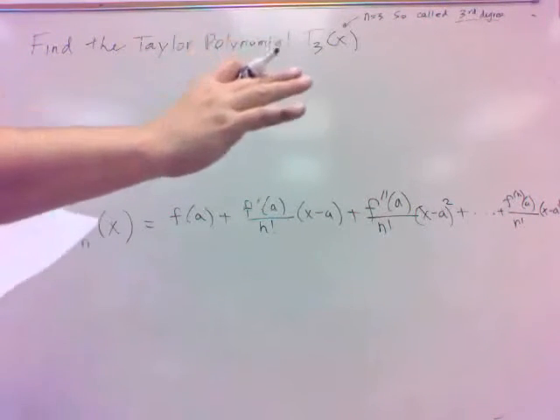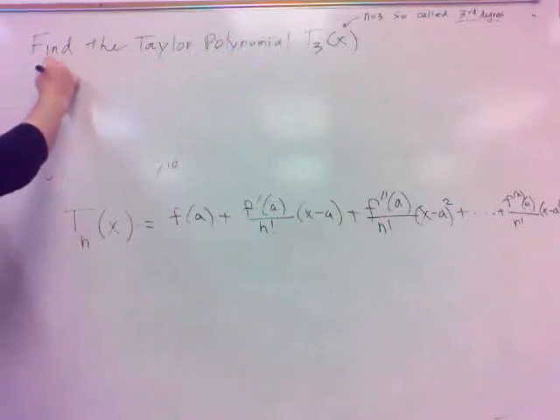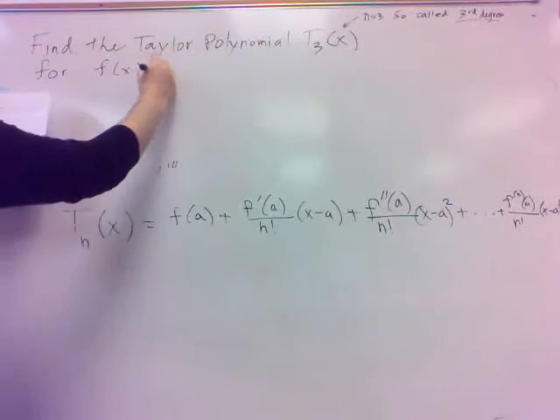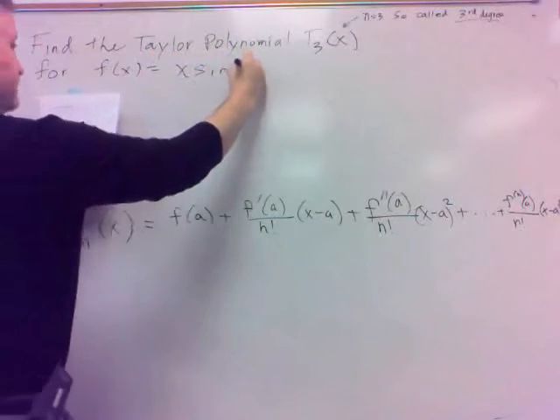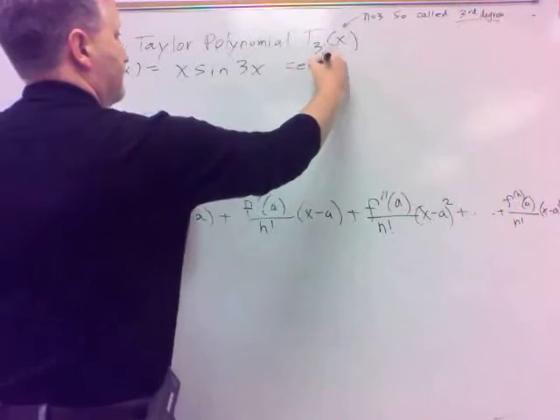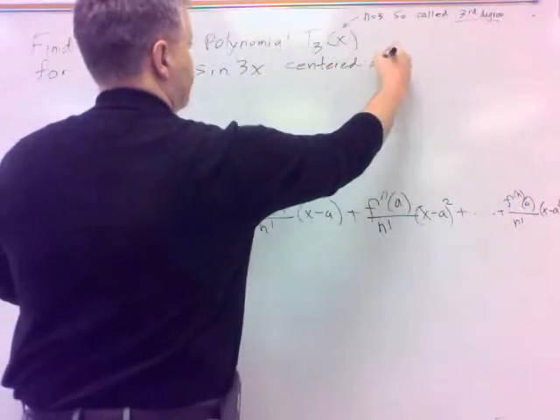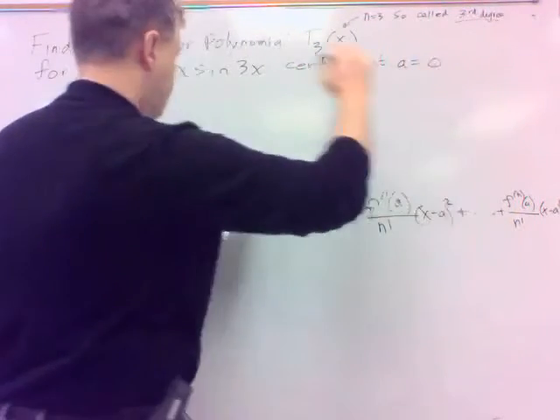Find the Taylor polynomial T3 of x for f of x equals x sine 3x centered at a equals 0.